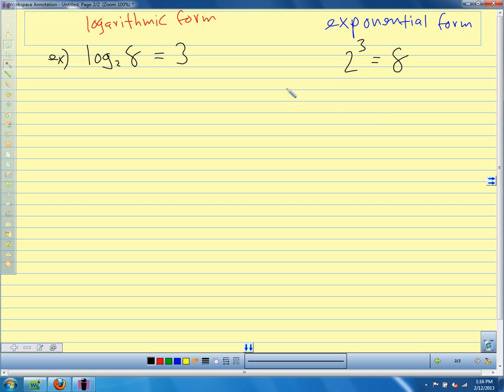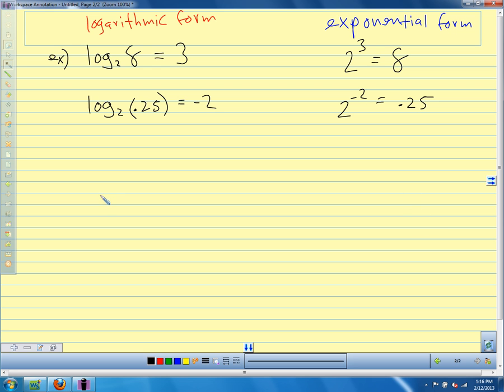So these two mean exactly the same thing. If I have log base 2 of 0.25 equals negative 2, how am I going to write that in exponential form? 2 to the negative 2 equals 0.25.